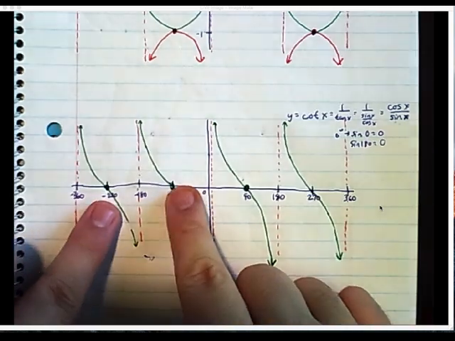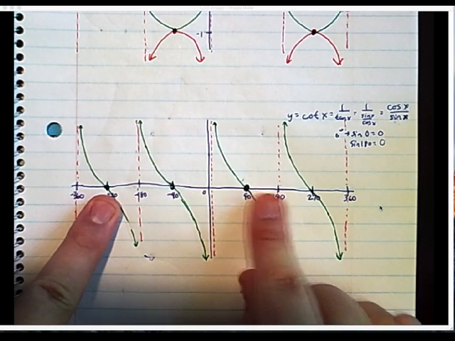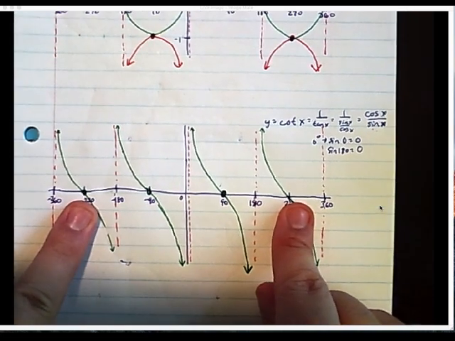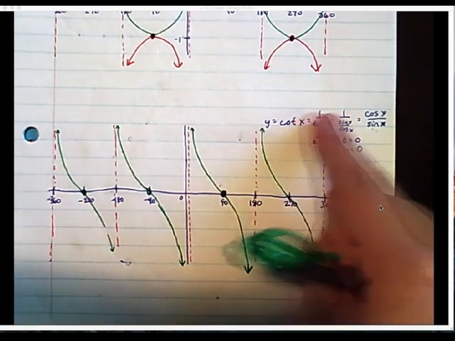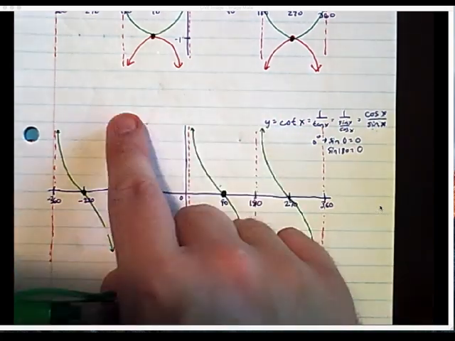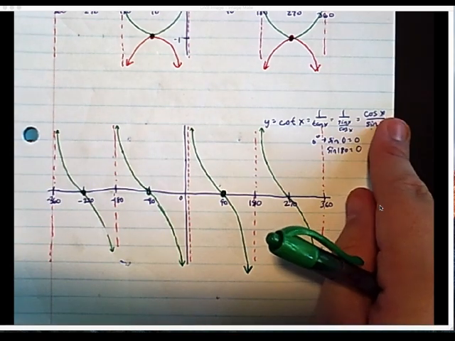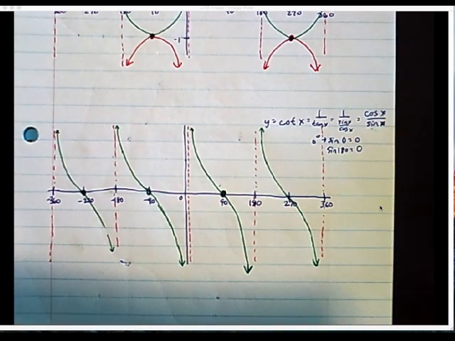And every time it crosses the axis right here, those are the degree measures where the cosine equals 0. Every vertical asymptote happens when the denominator would equal 0. So that's what the cotangent graph looks like.